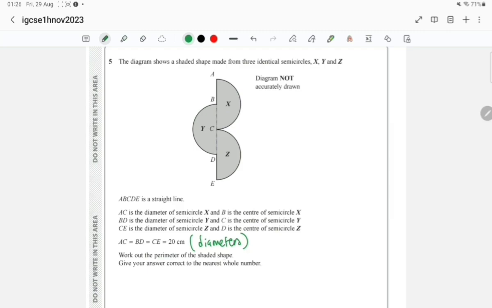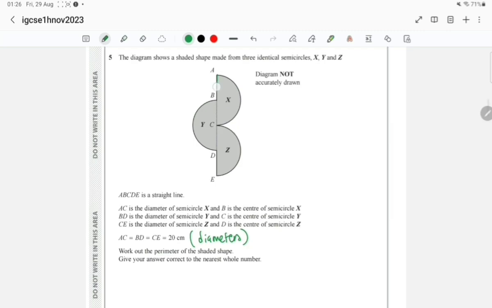Okay, so to find the perimeter, I need to find the outside path. So this is my perimeter that I need. I have these 2 parts here which I can easily calculate, because if this is the center, this is the center, then this part will be the radius.